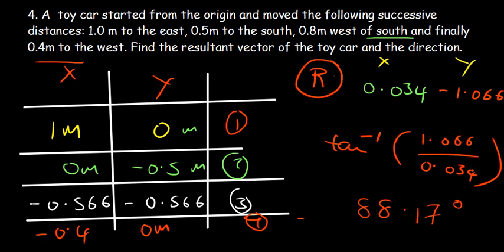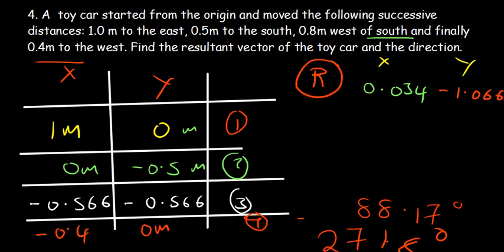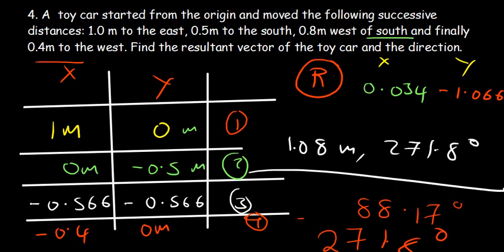So the actual angle is supposed to be in the fourth quadrant, so we need to subtract from 360. Right? So our answer is 271.8 degrees. That is our angle there. So whenever you are presenting your solution, make sure you say it's 1.08 meters, 271.8 degrees. So that is your vector and the direction.